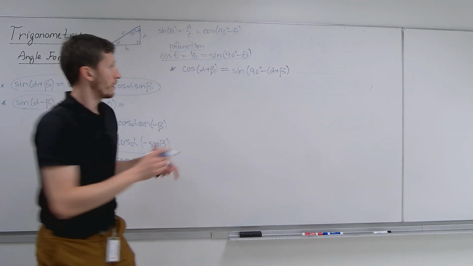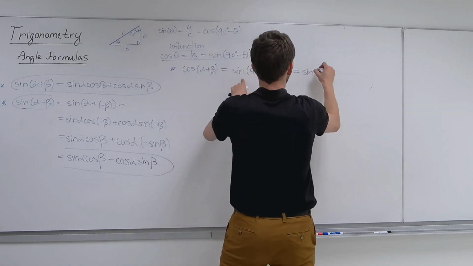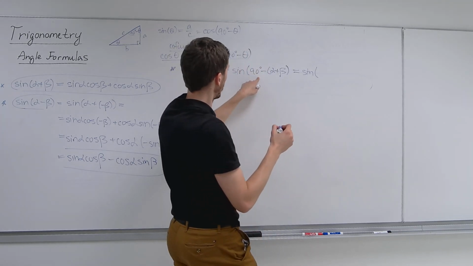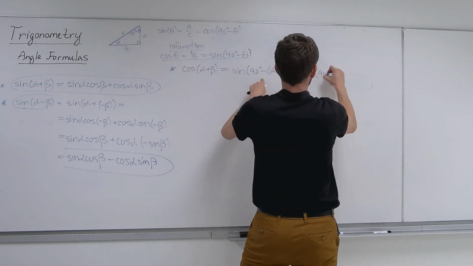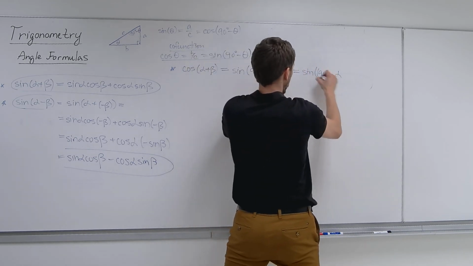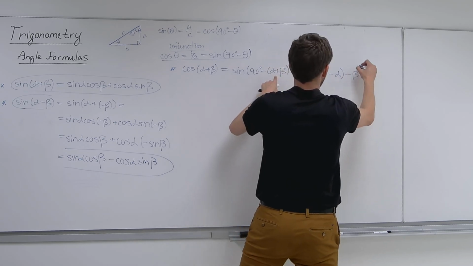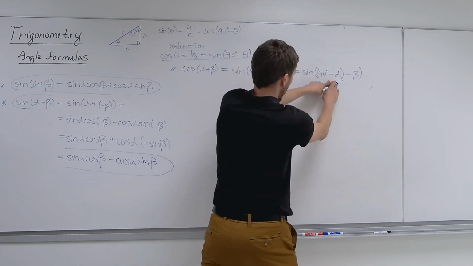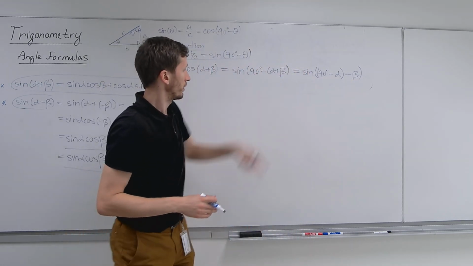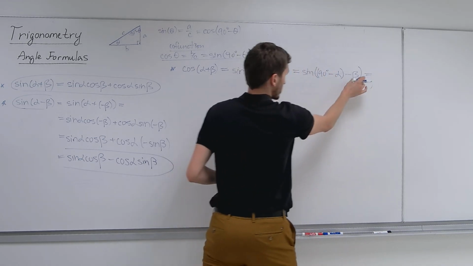Okay. And what is this equal to? Well, it's equal to sine of, let me rewrite it a little more neatly here. So watch. How about I say sine of 90 degrees minus alpha, and then minus beta? I'm going to put this 90 degrees minus alpha in parentheses and put a minus beta. That's the same thing, 90 degrees minus alpha minus beta. Okay, distribute this negative sign. Now, what I know is this is an angle minus another angle.